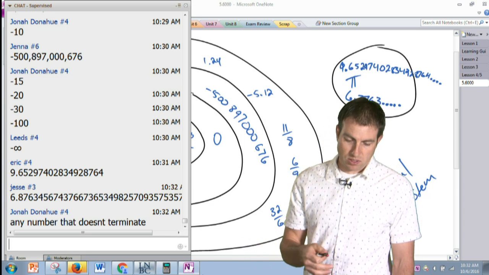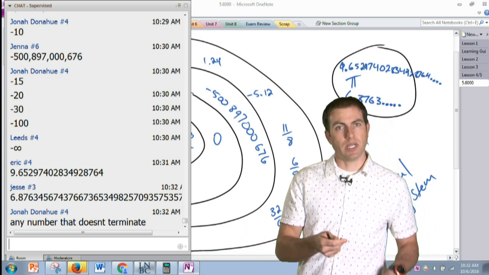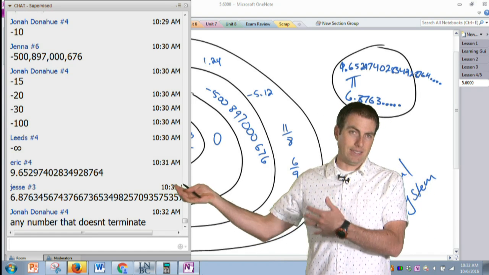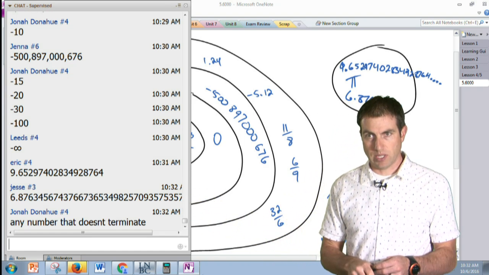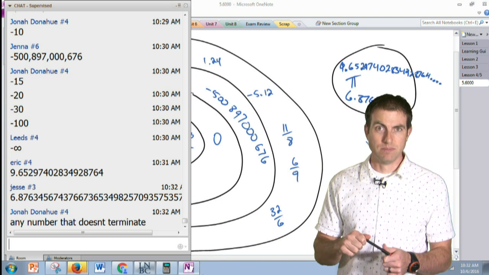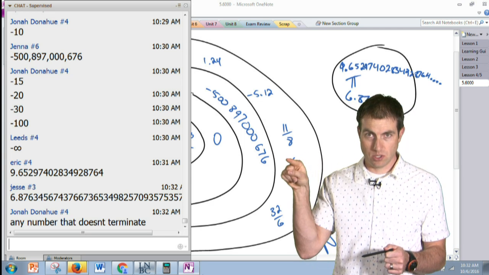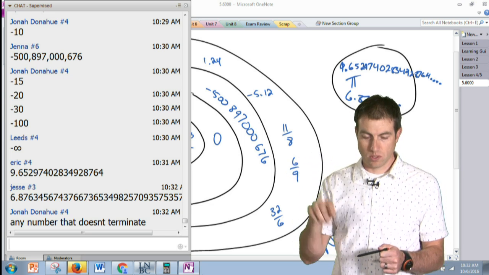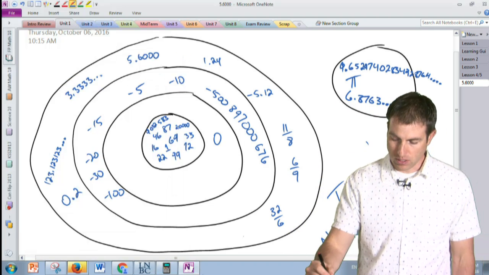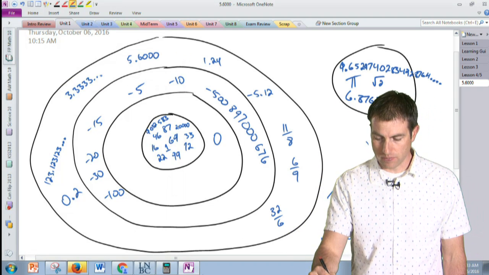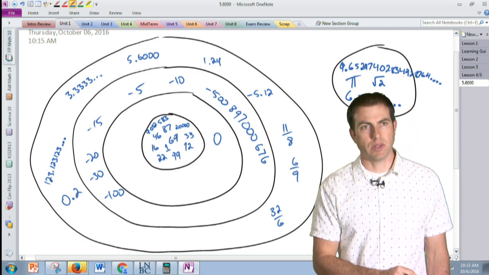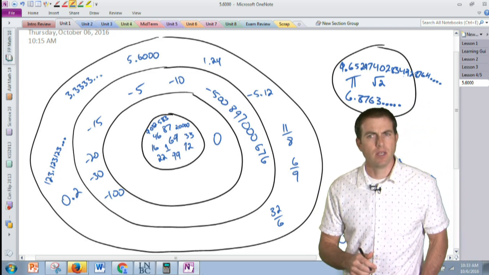You guys have given me these long decimals, which are estimations because we've got to end them somewhere. But can we have an exact value? I'm going to put the square root of 2 in here. We talked about that one specifically last day.